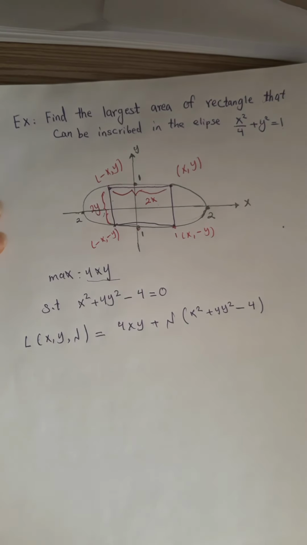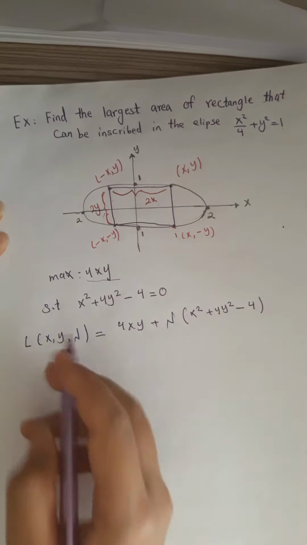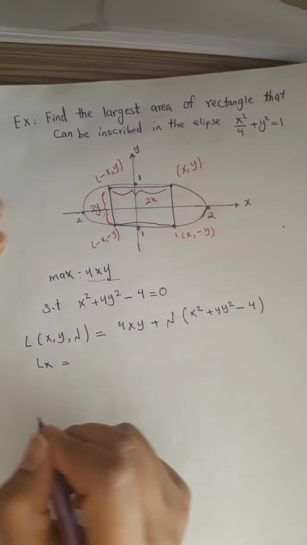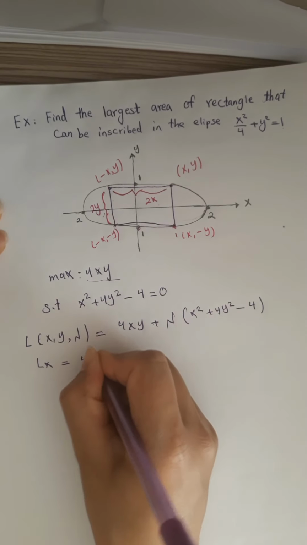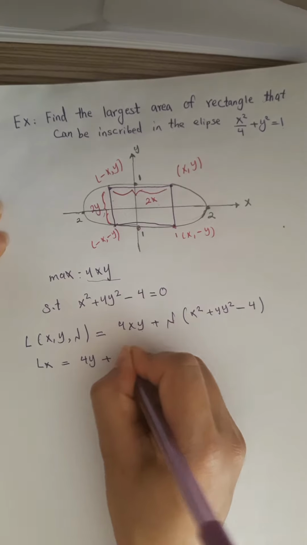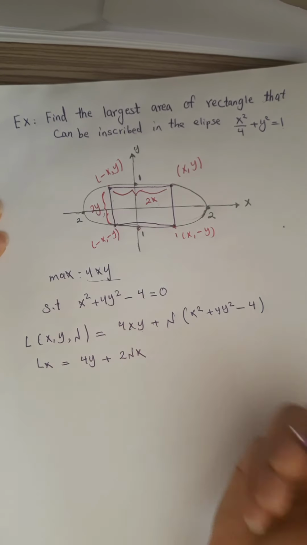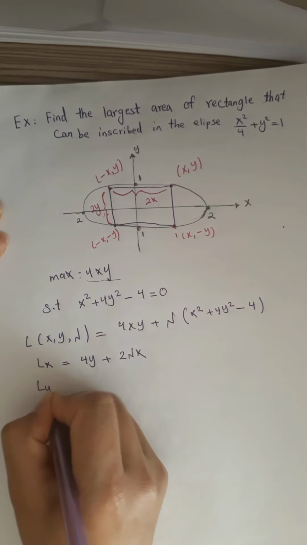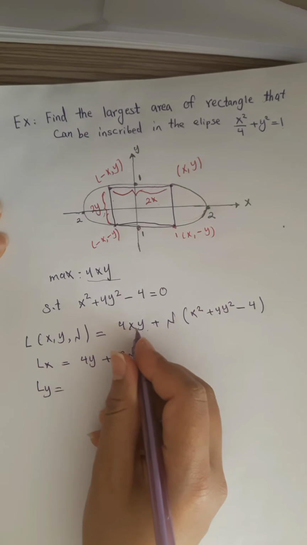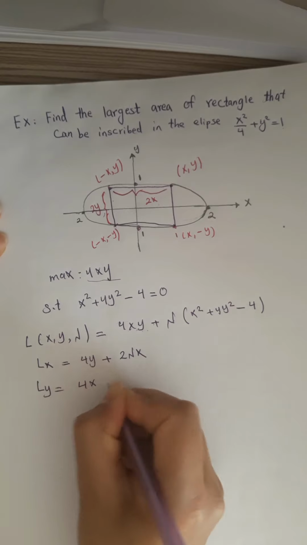And now we will take the derivative with respect to x first. Lx, what is it? Lagrange of x. It will be 4y from here plus 2 lambda x. And Ly, from here, if you take it, it will be 4x.